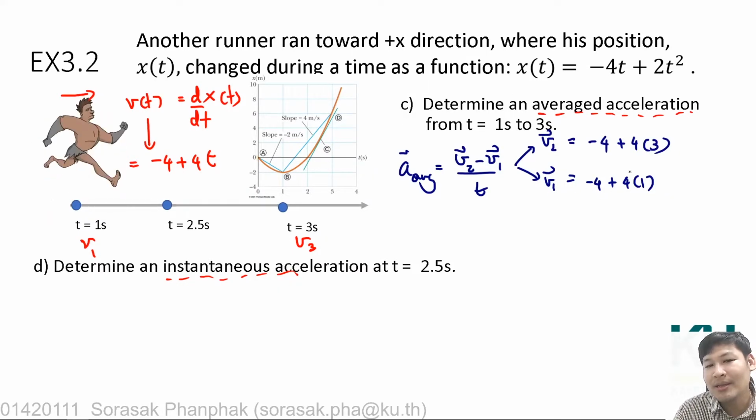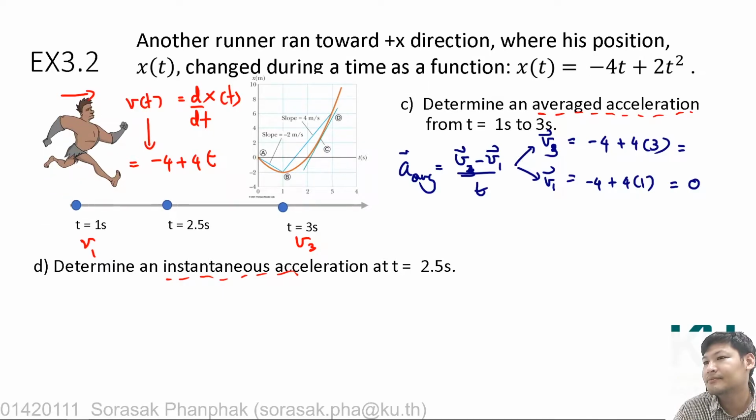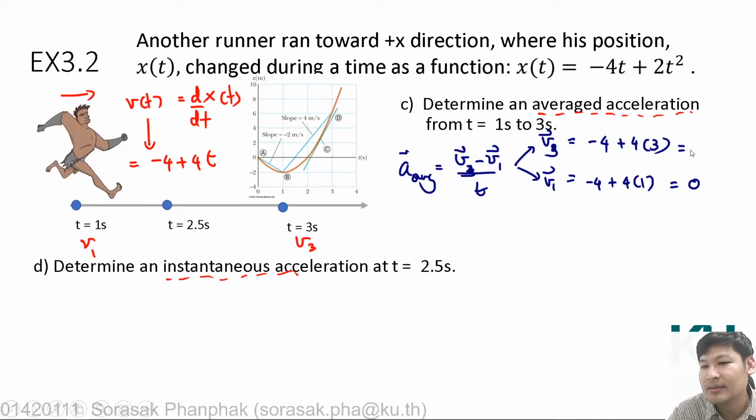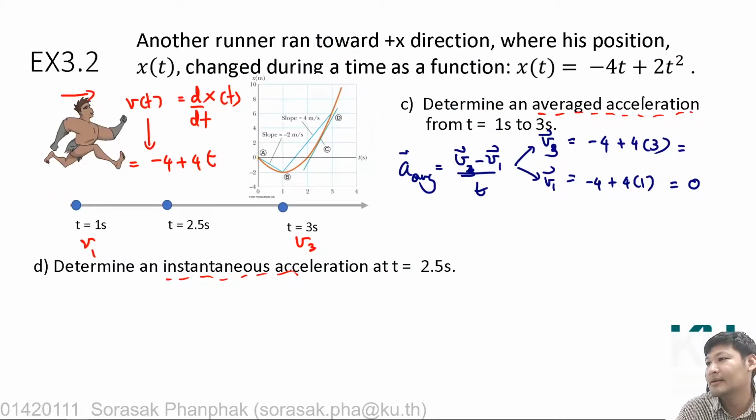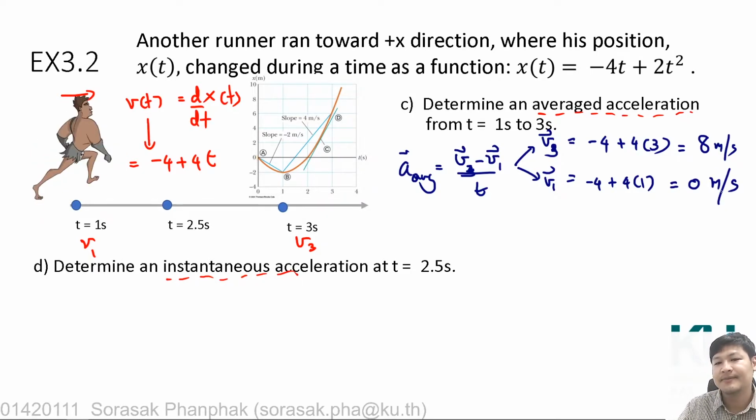So v1 is 0, and v3, because it is at 3 seconds, is 8 meters per second.